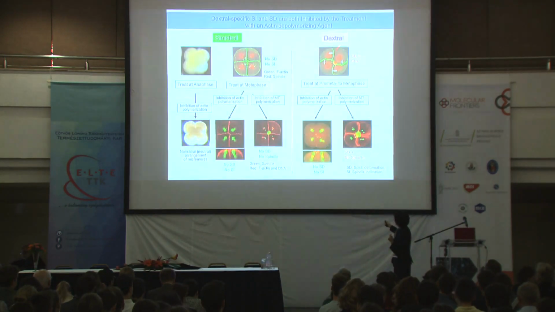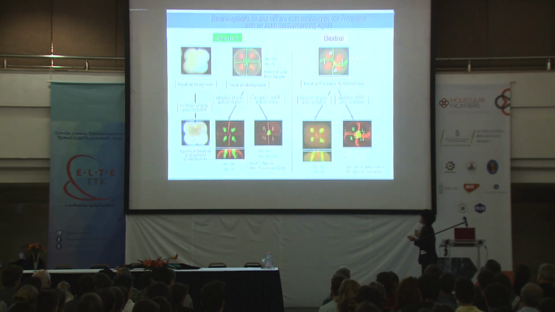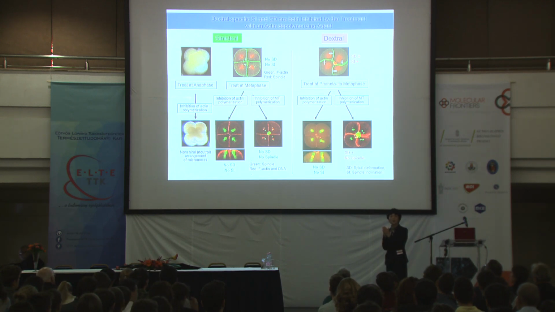In the dextral one, we treated it with an actin polymerization inhibitor, because we want to know whether the spindle is pushing the cell, or whether the cell deformed and the spindle tilted that way.